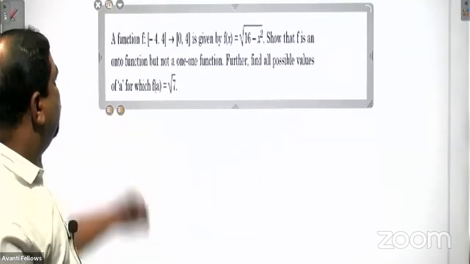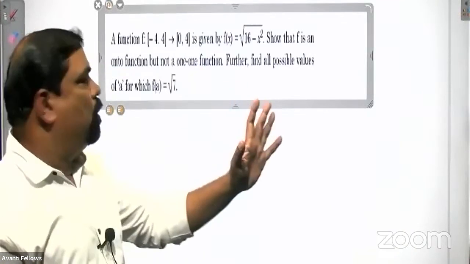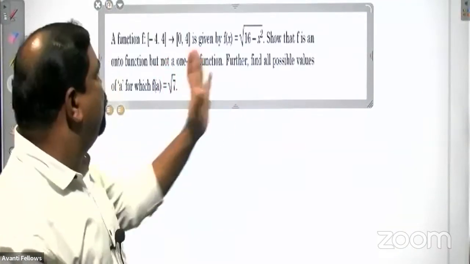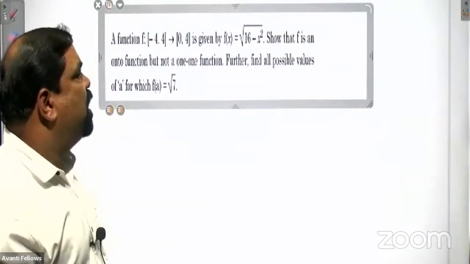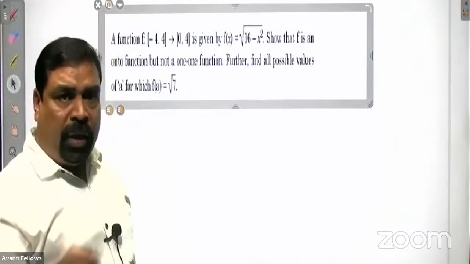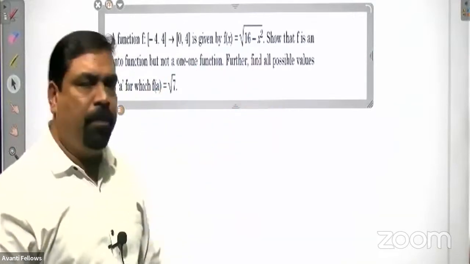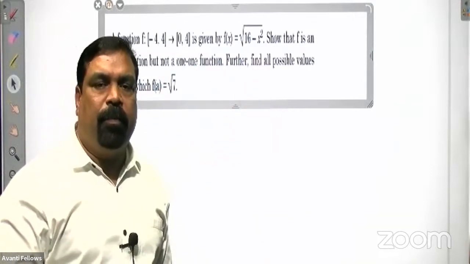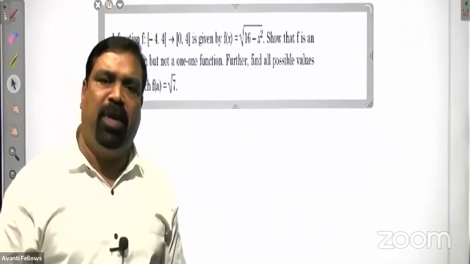f is a function from the closed interval [-4, 4] to the closed interval [0, 4] given by f of x equal to root of 16 minus x square. Show that f is an onto function but not a 1-1 function.